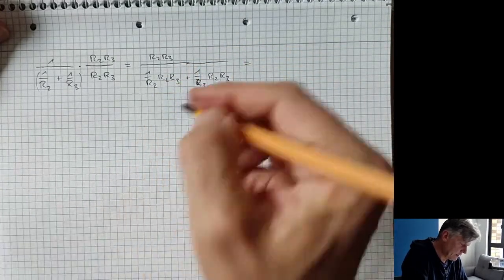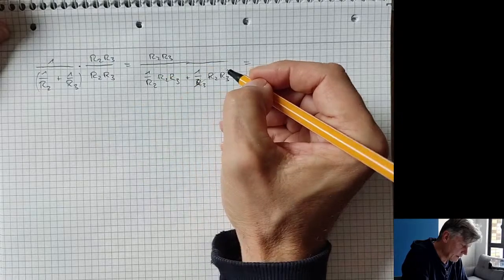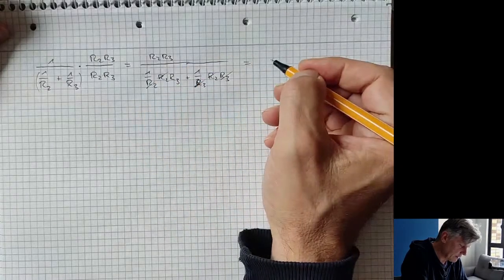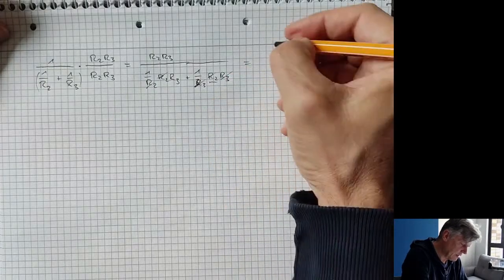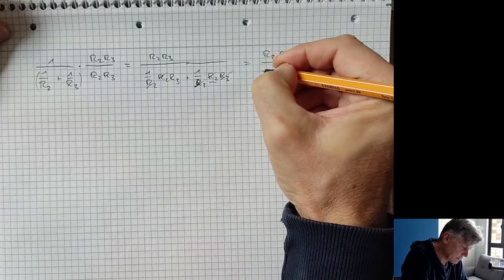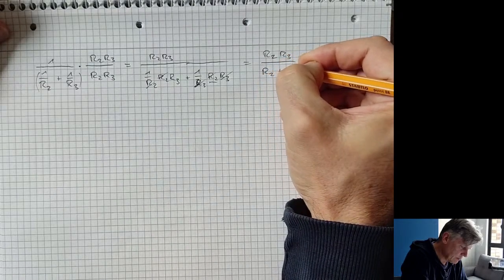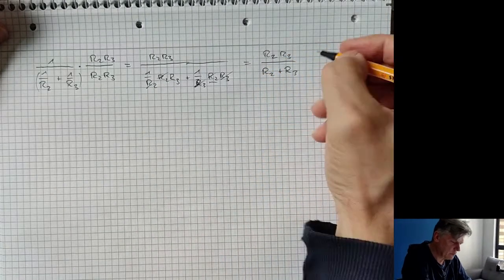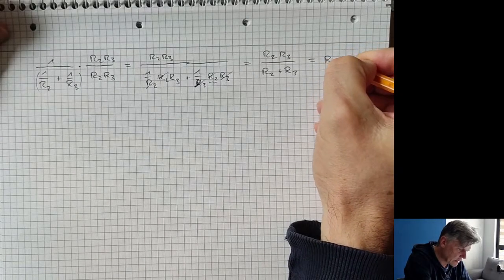You can see now that this cancels and this cancels, so what remains is R2 R3 divided by R2 plus R3. That would be directly your R parallel.